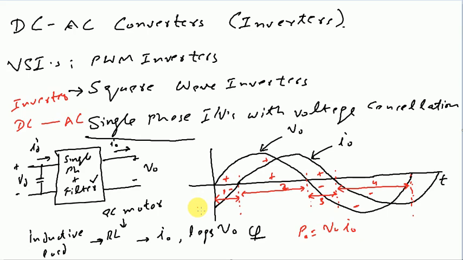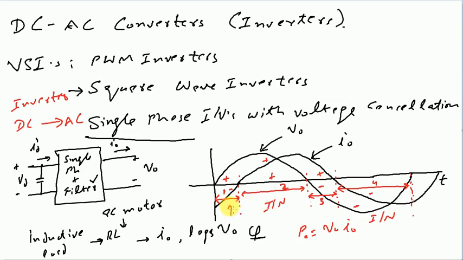In this particular case, we can see that during subinterval 2 and subinterval 4, the signs are the same, or the overall sign of the product of voltage and current is positive. That means during these subintervals the power is flowing from the DC to the AC side, and the circuit is working in the inverter mode.